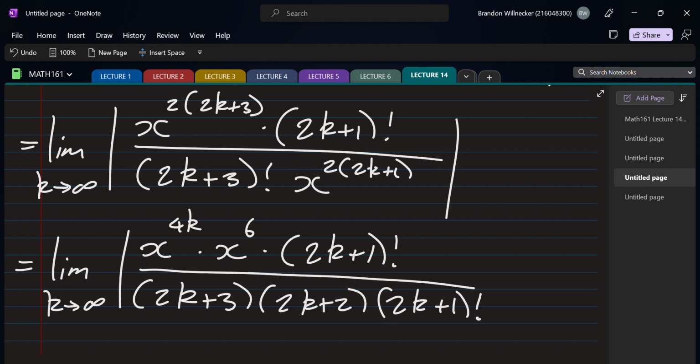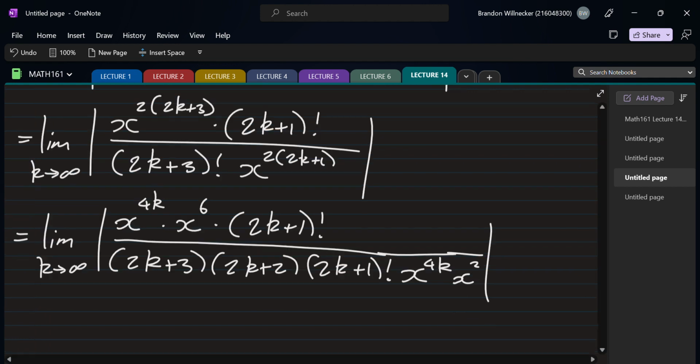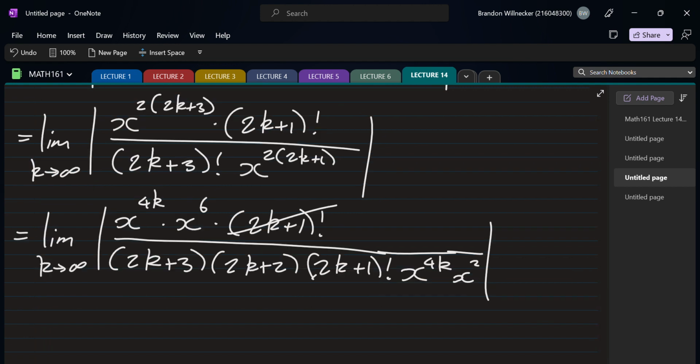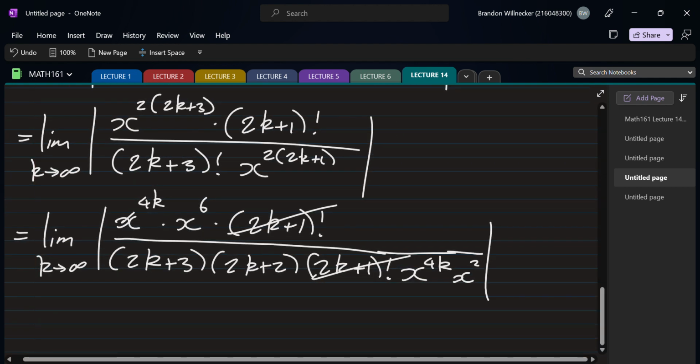You can stop when it matches the numerator, and then that can cancel. Okay, and then we're left with the x to the 4k, and then the x squared. The factorials can go, the 4k can go, x to the 6 over x squared will be x to the 4. We can take that out.